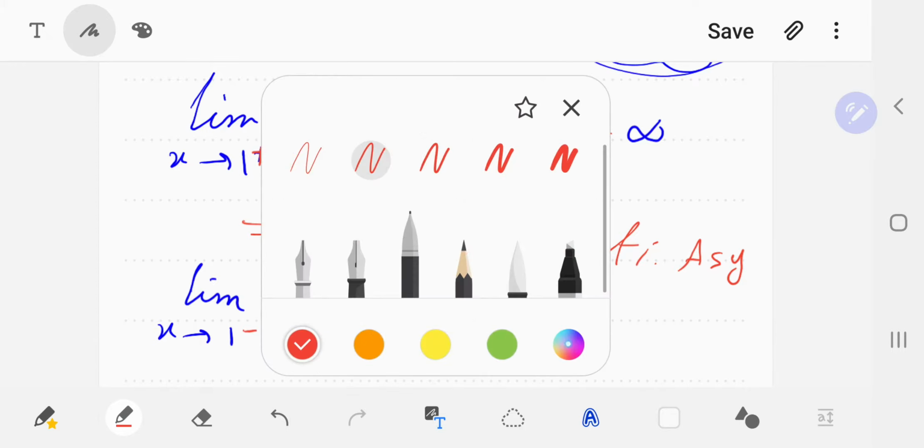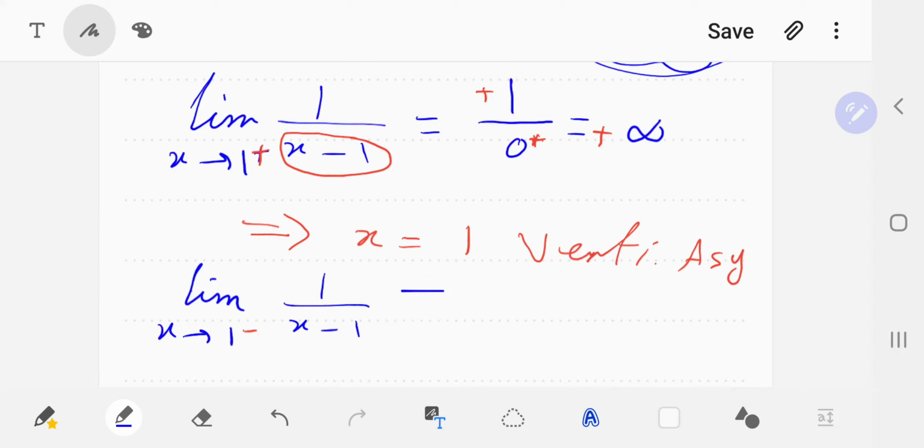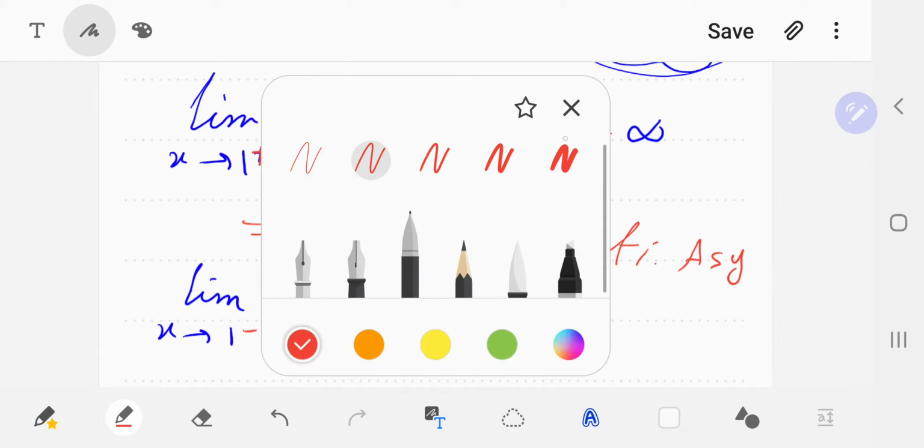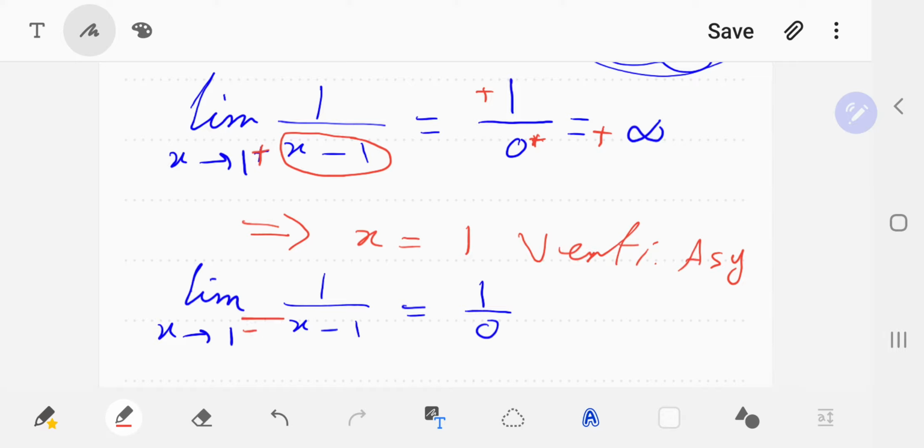What would I get? I'm going to get again 1 over 0, but the only difference will be with the sign. So if you are using 1 from the left side, this means I'm talking about 0.99, for example. So 0.99 minus 1, that's a negative value. So I'm talking about positive divided by negative, which is a negative infinity.